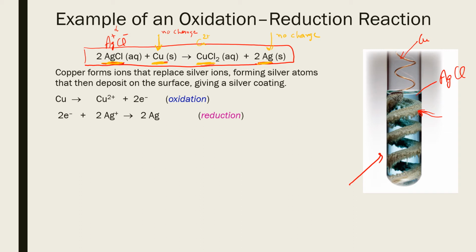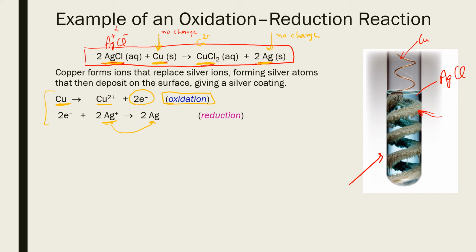So what's happening in this reaction is that copper is losing 2 electrons. Once it loses 2 electrons, it becomes 2 positive. So this process is oxidation because copper is losing the electrons, and these 2 electrons are being absorbed or gained by the 2 silver ions. So therefore, silver positive is becoming silver neutral, or neutral metal.